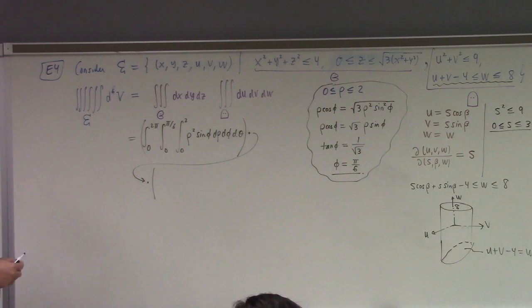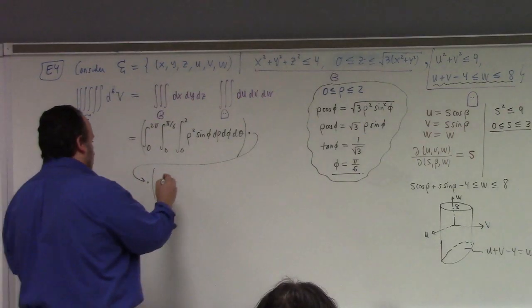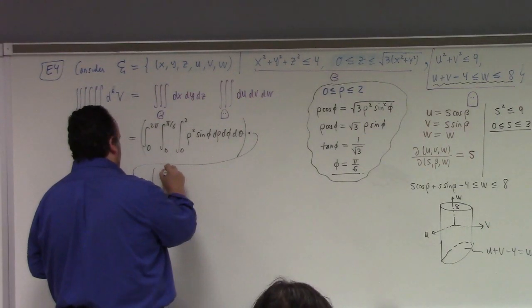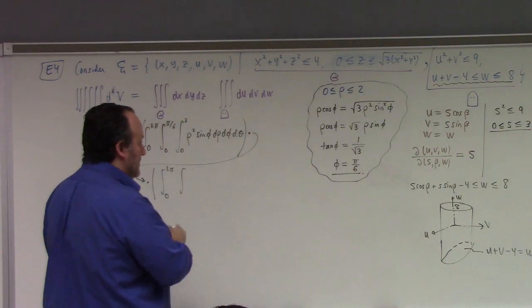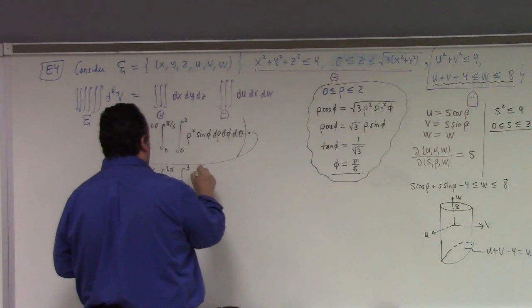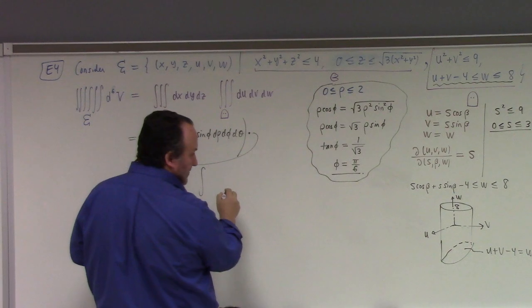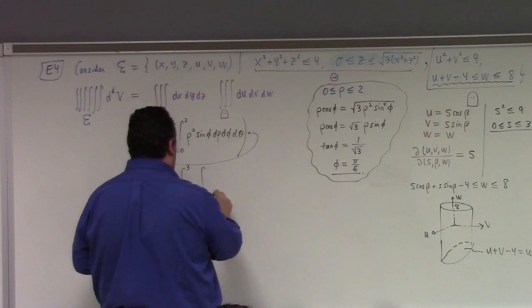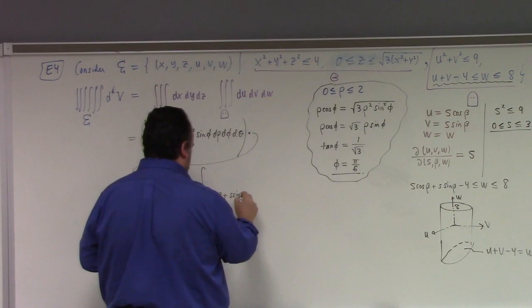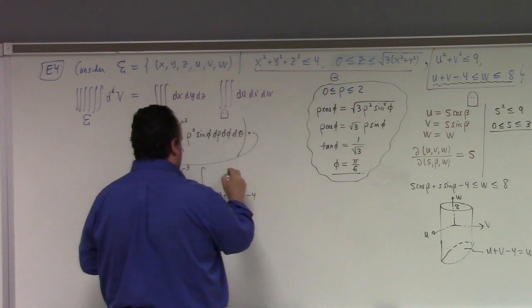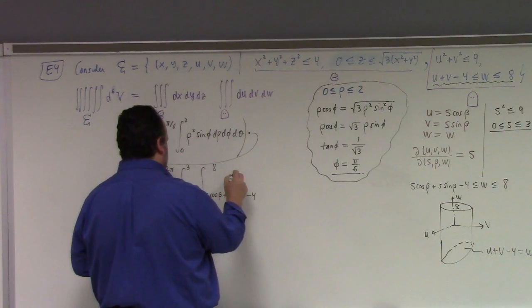Again, because XYZ has no bearing on it, we can analyze the UVW part separate from the XY part. So we have the integral from 0 to 2 pi, the integral from 0 to 3, the exciting bounds, the integral from S cos beta plus S sine beta minus 4 to 8 of what?